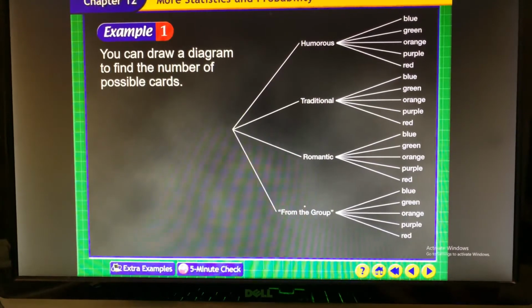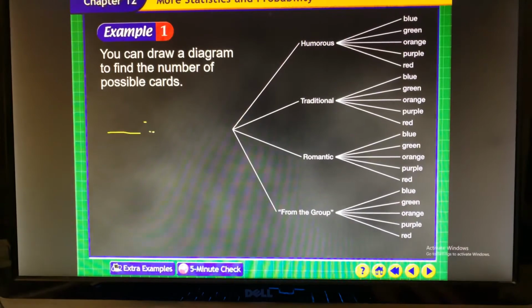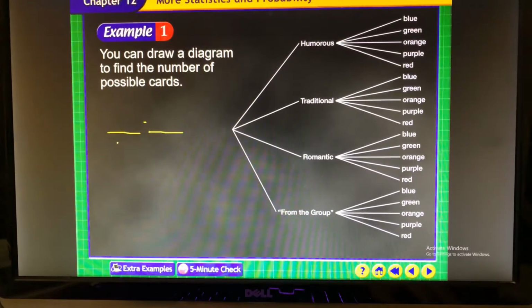I want you to ask yourself this key question: how many things do you get to do? You get to do 2 things, and it's always multiplication. Always multiplication. I get to do 2 things. I get to pick the genre of the card, and I get to pick the color of the card.